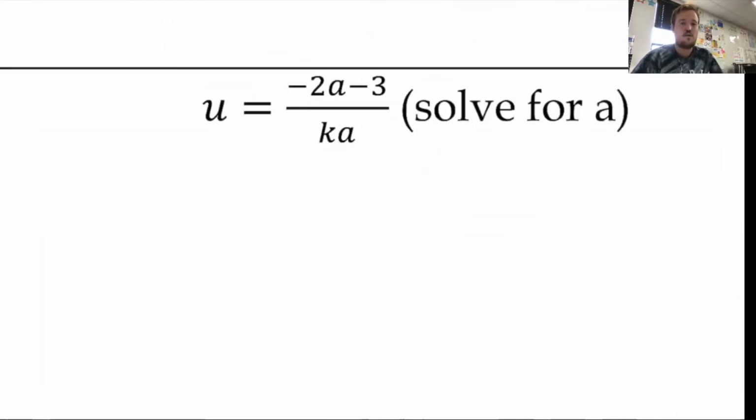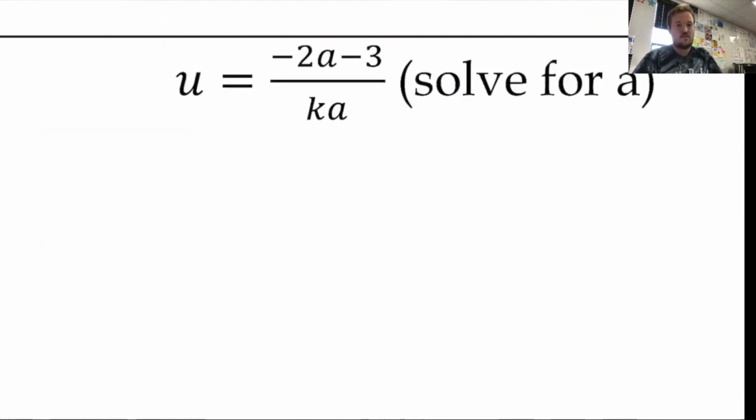So this one is a little bit challenging, still doable. So we want to solve for a. So it's actually on two different sides of a fraction bar. So in this case, I need to get rid of this denominator one first. So what I'm going to do is, because it's being divided by Ka, I'm going to multiply both sides by Ka.